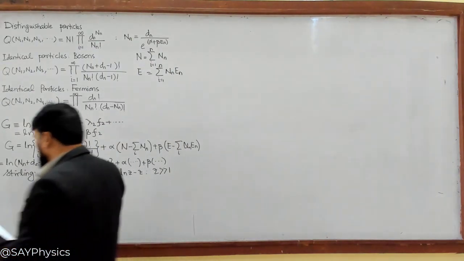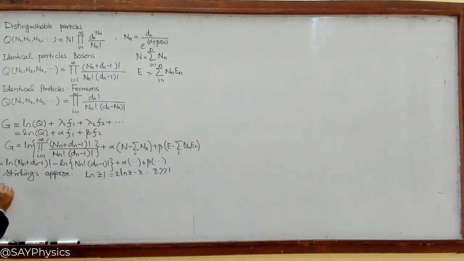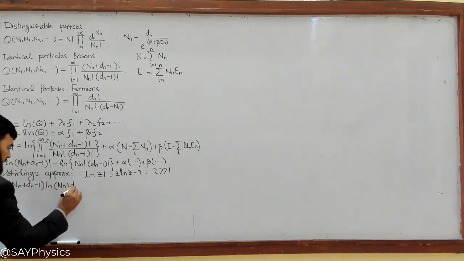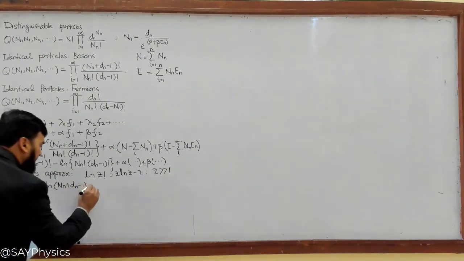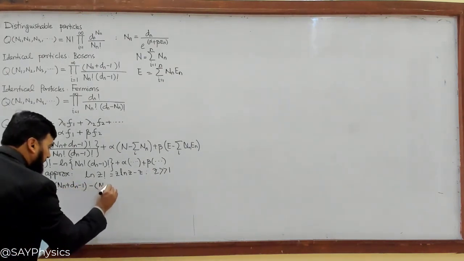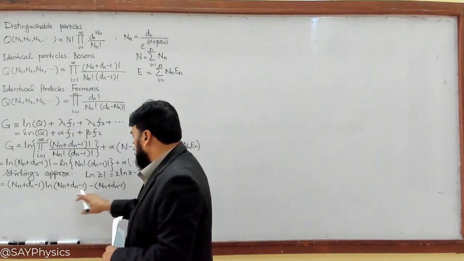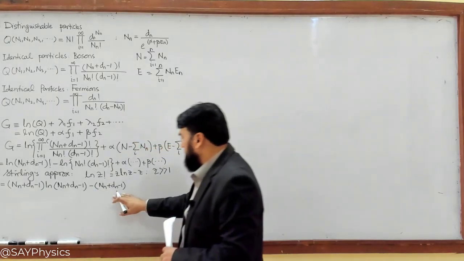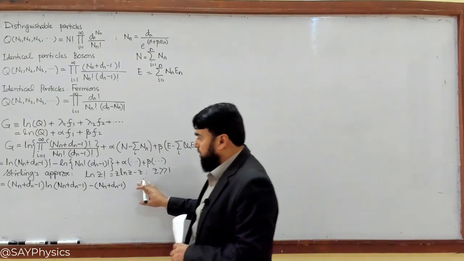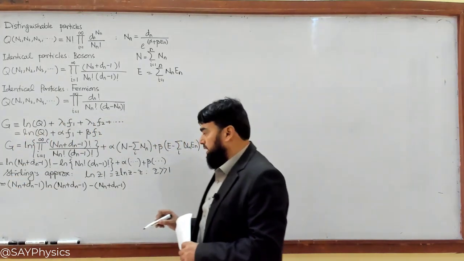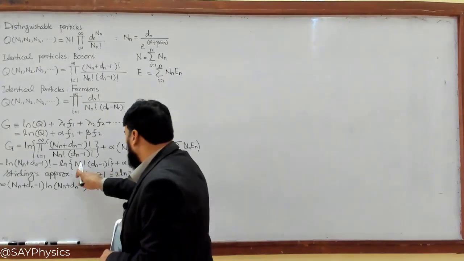And this thing will be equal to n_n plus d_n minus 1 log of n_n plus d_n minus 1 minus n_n plus d_n minus 1. So this is z log z, right, minus z here. So this is the Stirling approximation, and I can convert here, meaning the approximate symbol here. And what about this one?